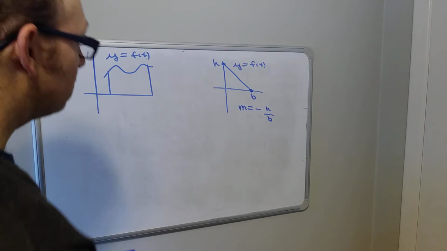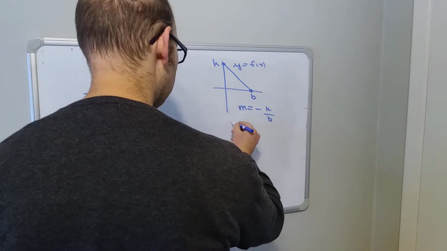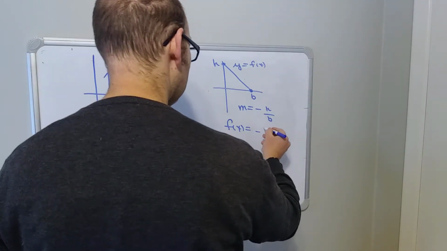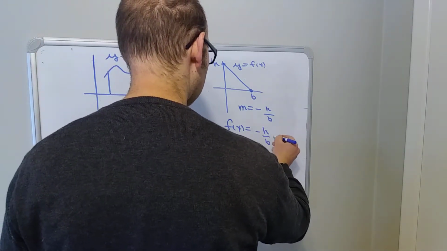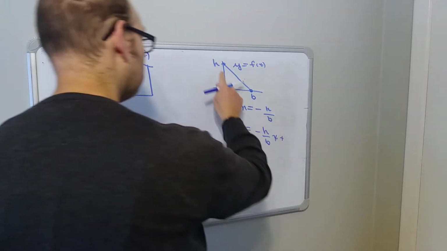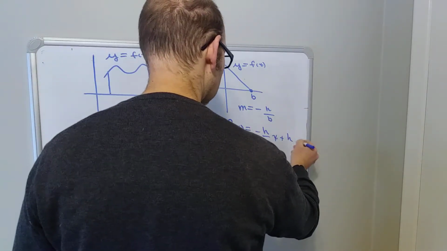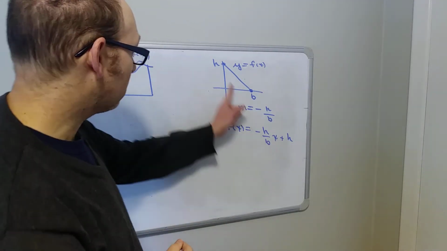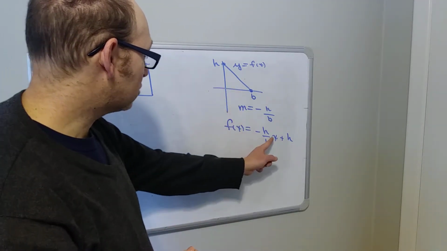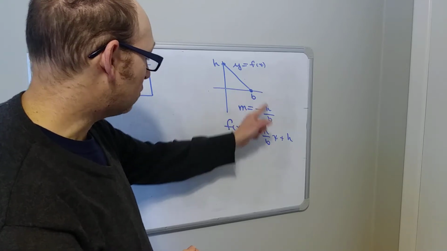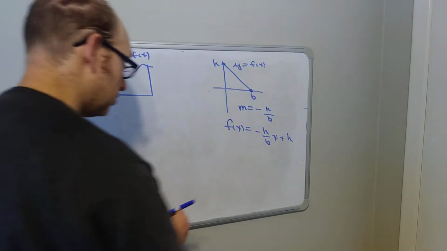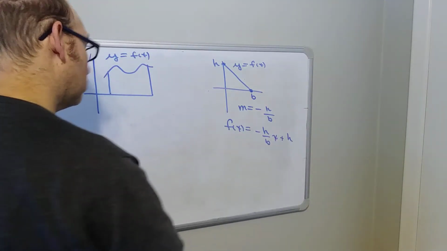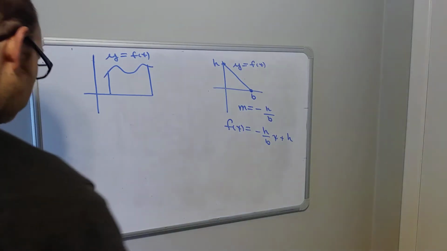And the formula would be f of x equals negative h over b, x plus the y-intercept, which is h. And you can check. When x is 0, y is h. When x is b, y is 0. Alright, so we'll keep this for later, and we'll find the centroid of a triangle.